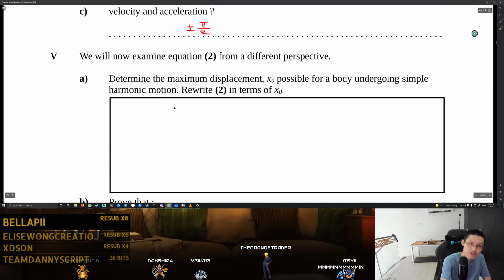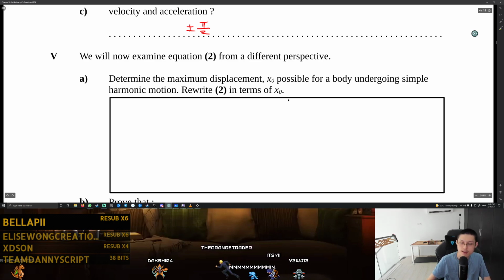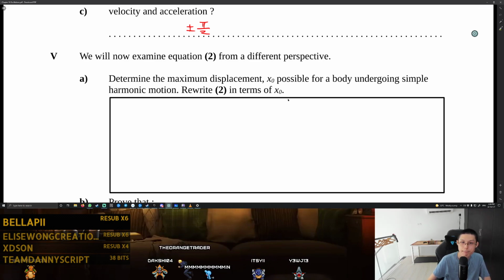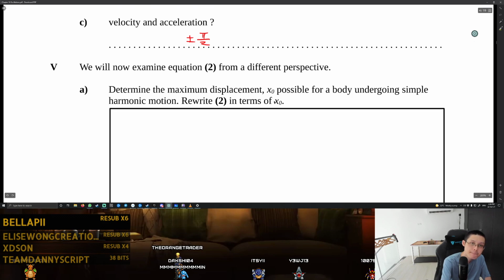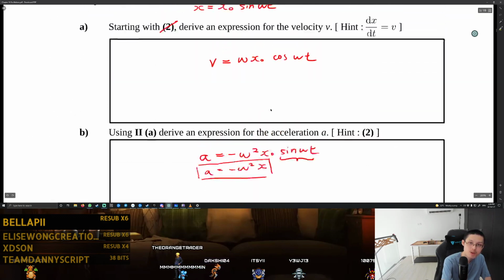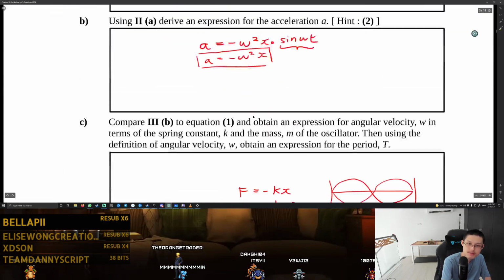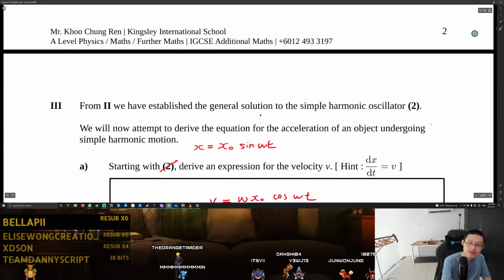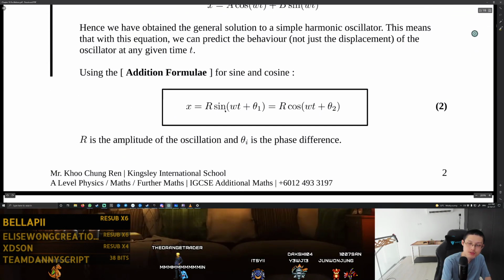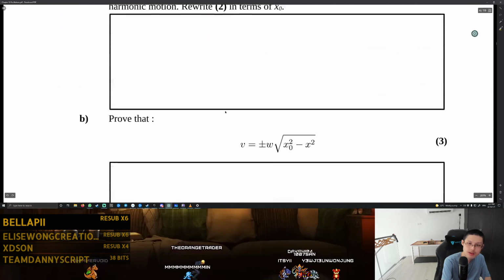Next, determine the maximum displacement possible for a body undergoing simple harmonic motion. What's equation 2 again? Oh, this one? Okay, so if you base it on equation 2, let me write it down here.